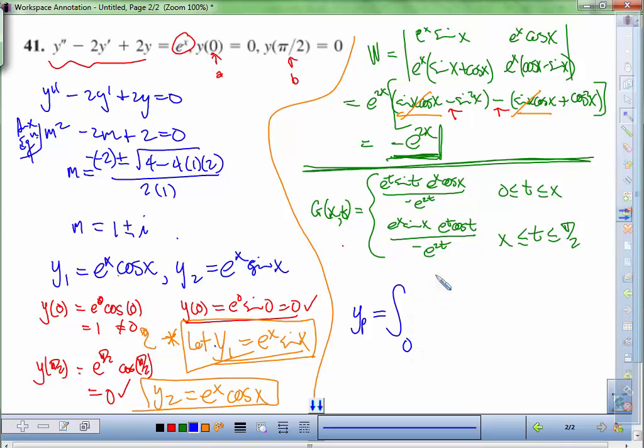Oops, not 2 pi, sorry, 0 to pi over 2, of Green's function g of x,t times f of t. f of t is e to the t. It says e to the x, so we just make sure it's a function of t, and then dt. Yeah, it looks innocent, doesn't it? I have to put in all that stuff.